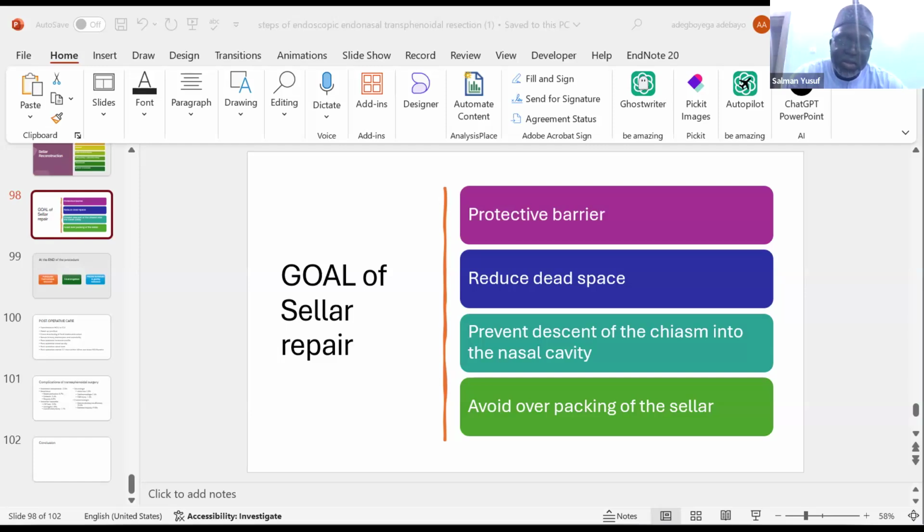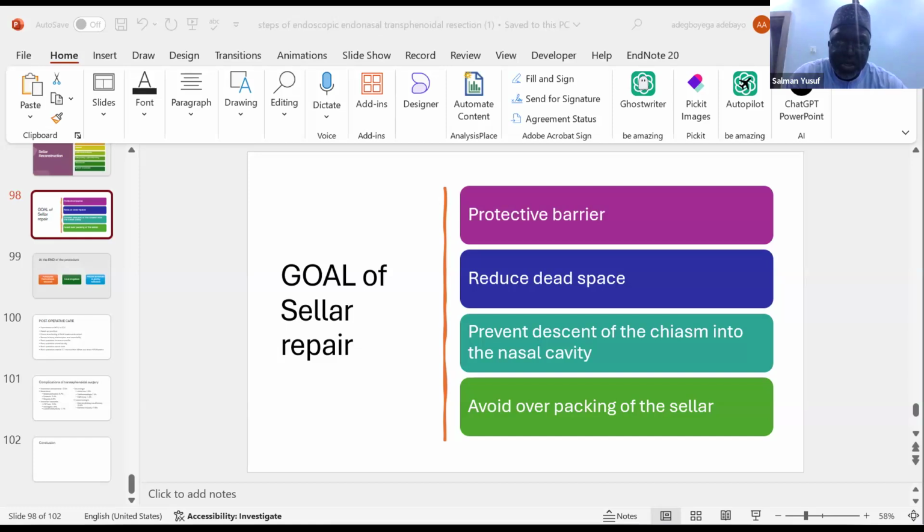I'm not too sure. I think in between I missed some of this, but I'm not too sure the presenter emphasized the use of a lumbar drain. If he did, that's fine. If you are operating on a big tumor, it is important to put a lumbar drain. Your lumbar drain serves one basic purpose.